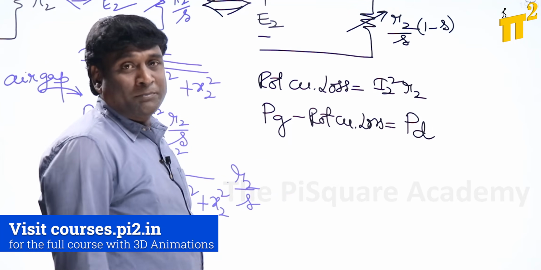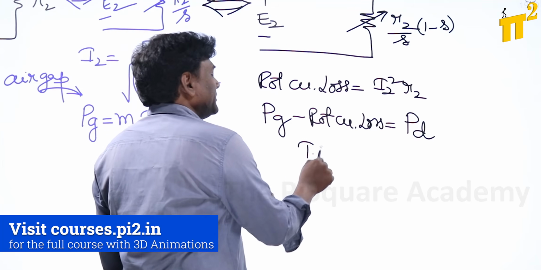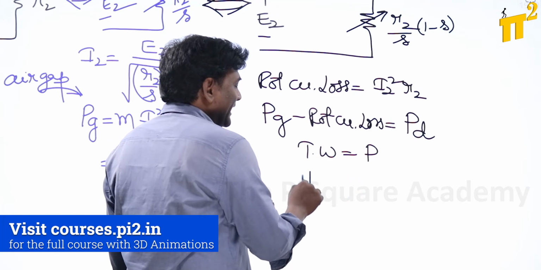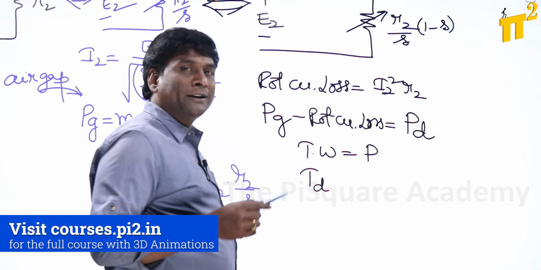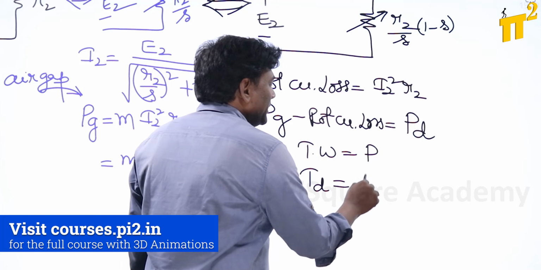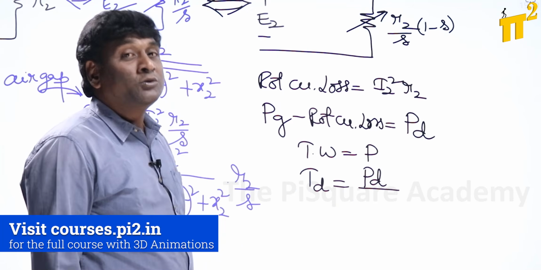Now, what is power from a mechanical point of view? Torque multiplied by speed is going to be power. Or I can say that the mechanical equivalent developed torque inside the rotor circuit is going to be the power developed divided by the rotation of the rotor circuit. What is the rotation of the rotor circuit?